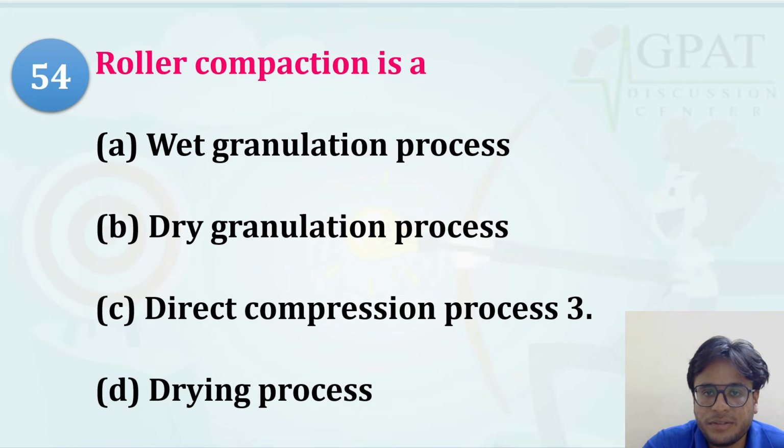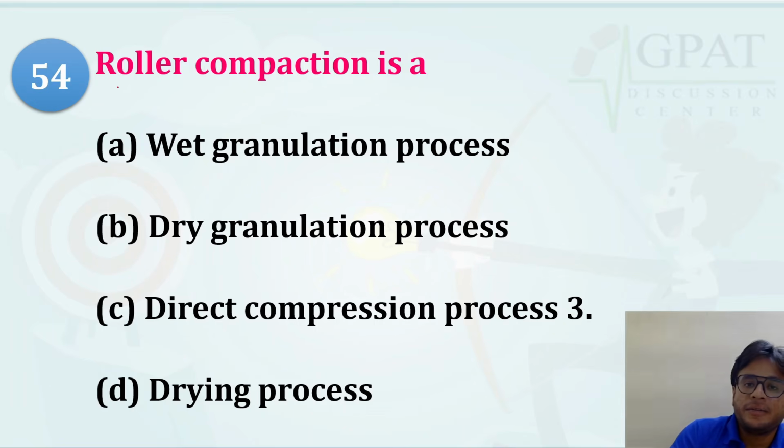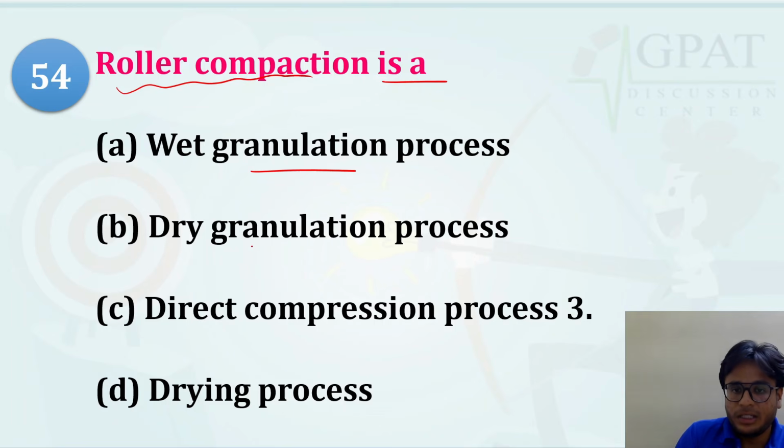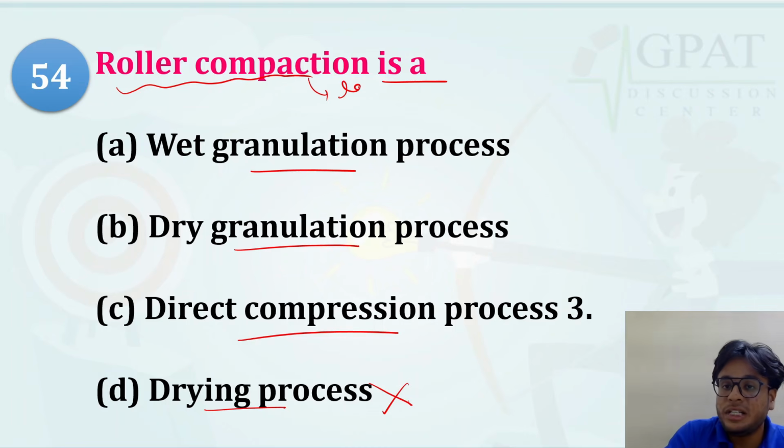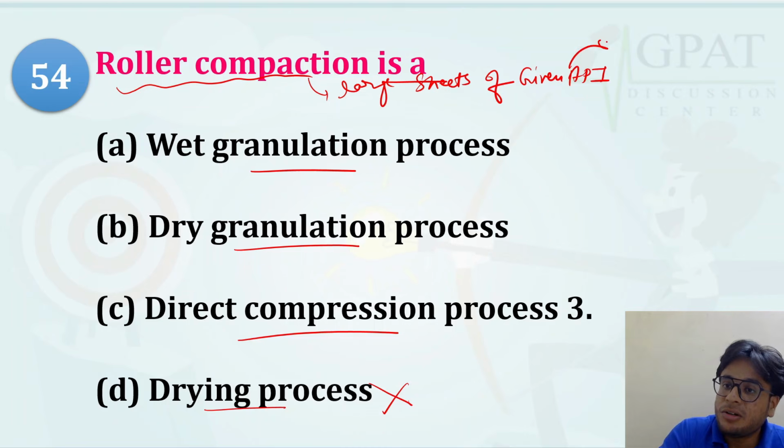So moving towards our next question, the roller compactor. The roller compactor is the instrument that is being used in a wet granulation process, in a dry granulation process, in a direct compression process, or in a drying process? So whenever there is a formation of large sheets of that given API, these large sheets of given API are also known as what?